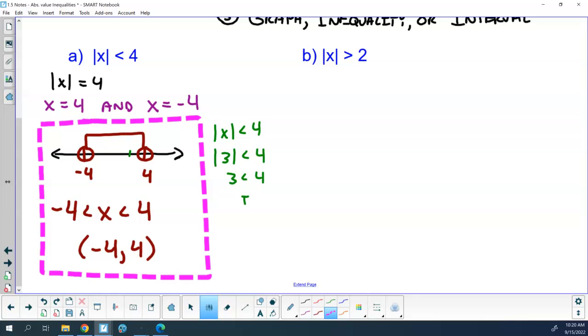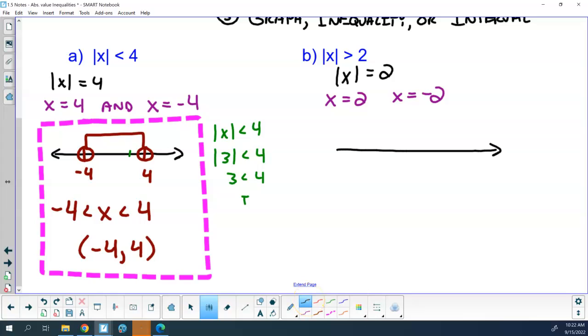You do letter B. So this would be like the absolute value of x is equal to 2. And so then that would be like x is equal to 2 and x is equal to -2. It's going to be open circles at both, so I can put those in.